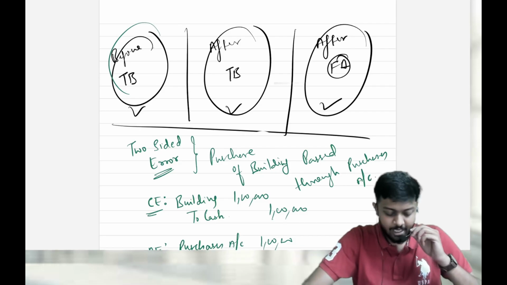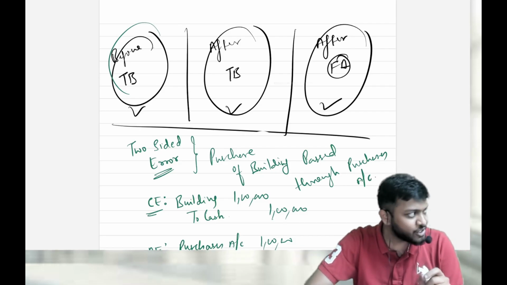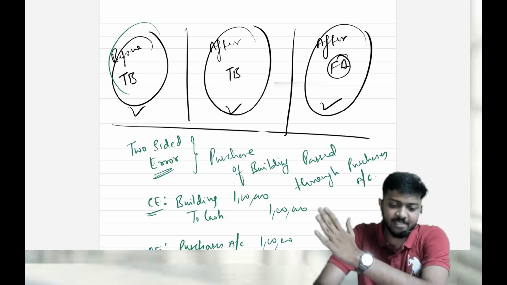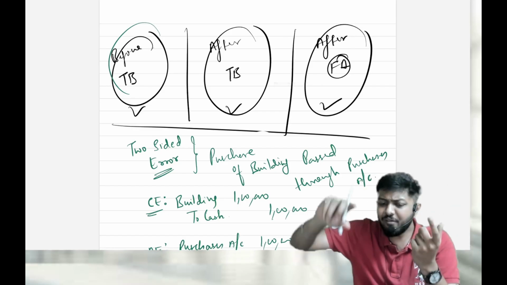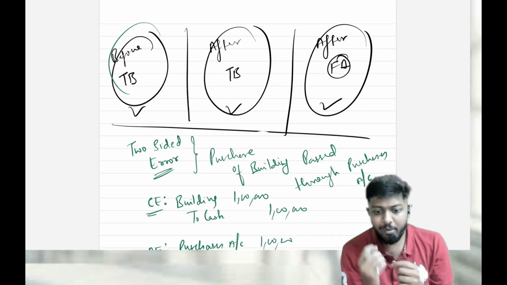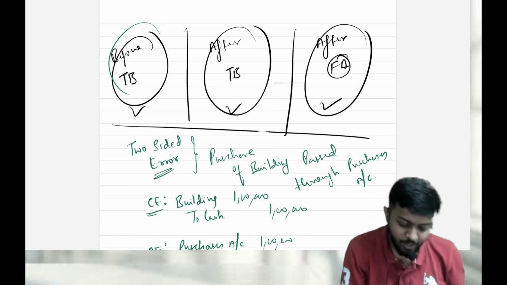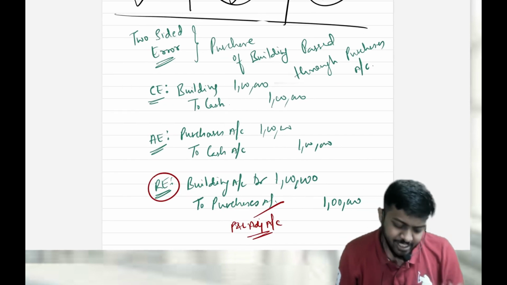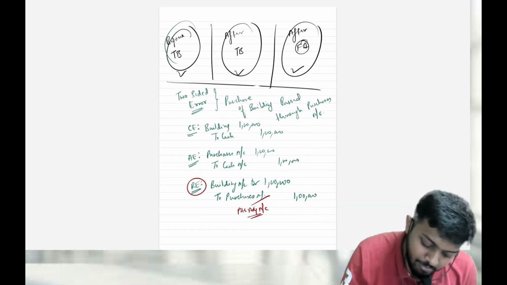Okay, so did you understand? One thing we understood is that for double-sided errors, at all 3 stages, the entry will be the same. Only after a phase it will change a little bit. Instead of a nominal account, we use the P&L adjustment account. Understood? So double-sided error is not a problem. Then what is the problem there? See, the problem is single-sided errors.